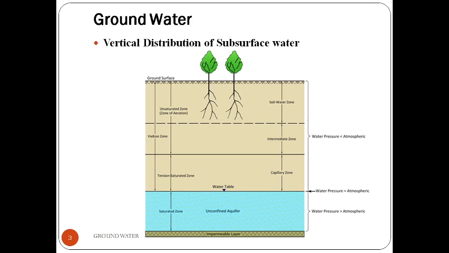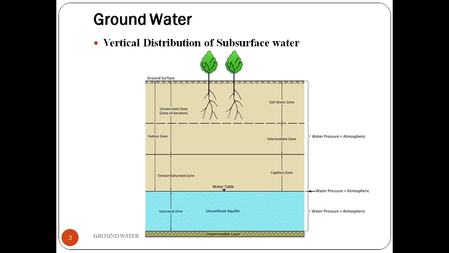Water is held at a pressure less than the atmospheric pressure in the unsaturated zone. The zone between bottom of the unsaturated zone and the top of the water table is called capillary zone, wherein most voids are filled with water, but the water is held at a pressure less than the atmospheric pressure.